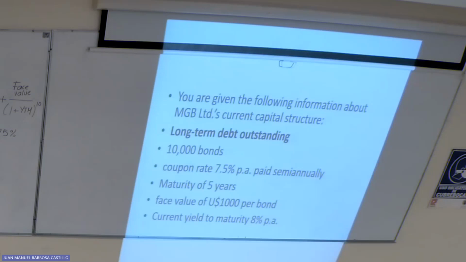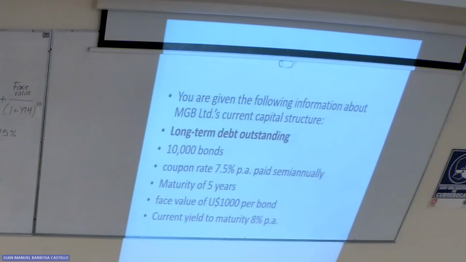The yield to maturity for the equation is 8 per year, so divided by 2, it's 4%. Do we agree? Yeah.